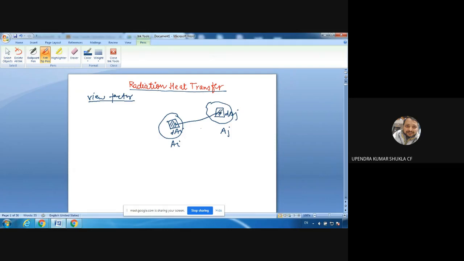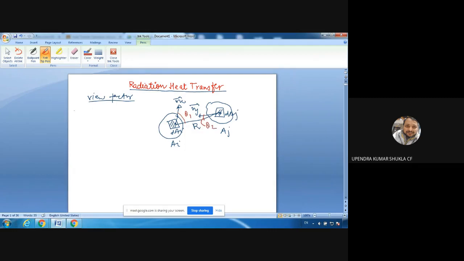Let's take the distance between these two differential areas as R. Now I will take the unit normal vector at both places: the unit normal vector at dAi is Ni, and the unit normal vector at dAj is Nj. This angle is theta 1 and this angle is theta 2.